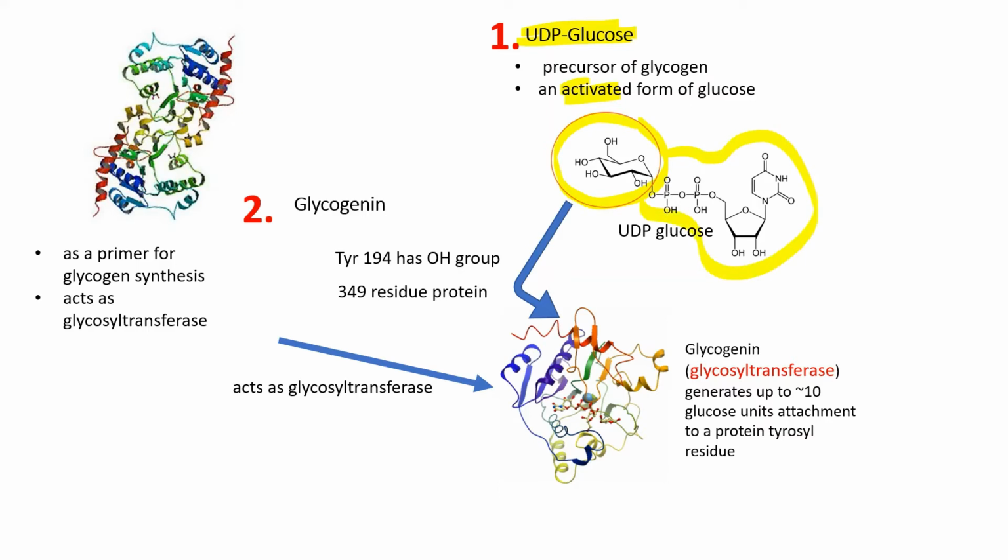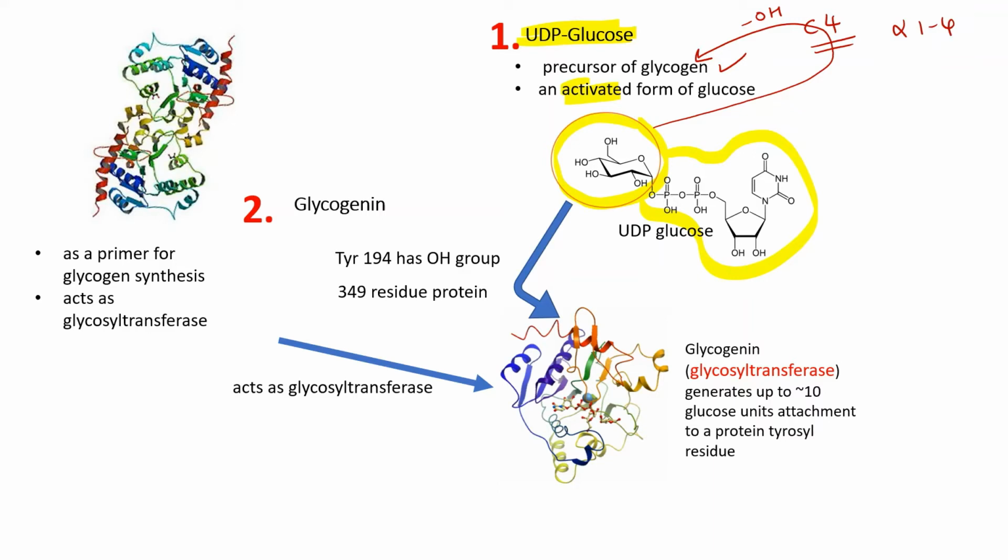So this is the precursor of glycogen. And this activated glucosyl unit of UDP glucose is then transferred to the hydroxy group at the C4 of the terminal residue of glycogen to form an alpha-1,4 glycosidic linkage.